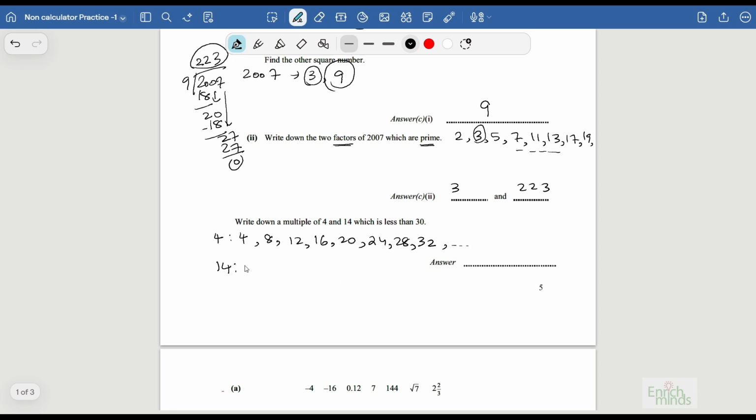What about 14? 14 ones is 14, 14 twos is 28, and there are many more. We can see here the common multiple for 4 and 14 is 28.